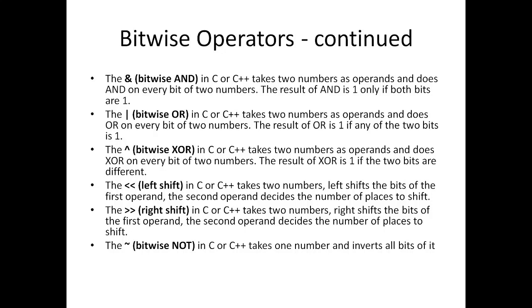How many places to be shifted depends on the second operand. Similarly, the right shift, it is going to shift the bits to the right, and bitwise NOT inverts all the bits. So it takes the number and then inverts all the bits, like 1 0 0 1. So let's do some programming to understand this concept.